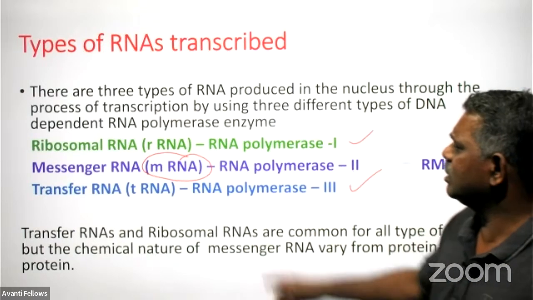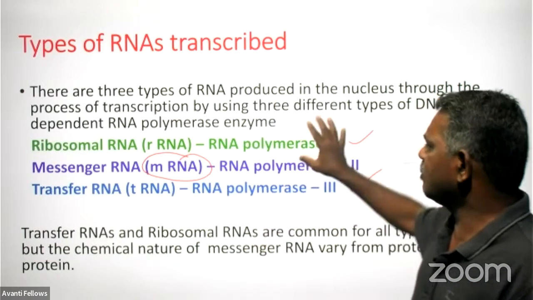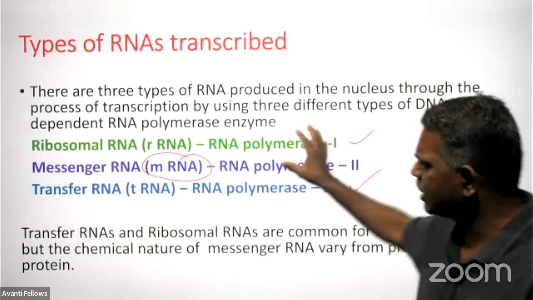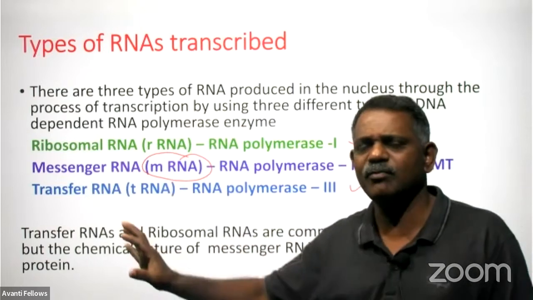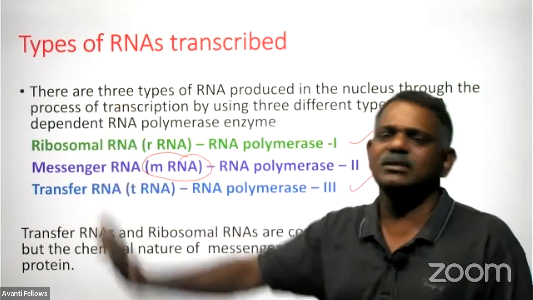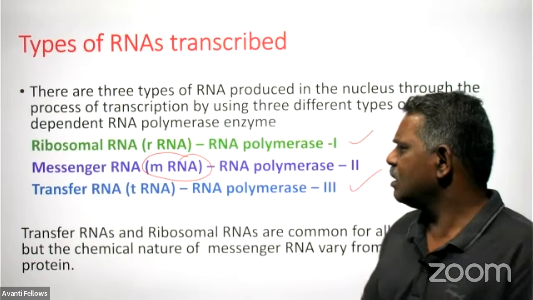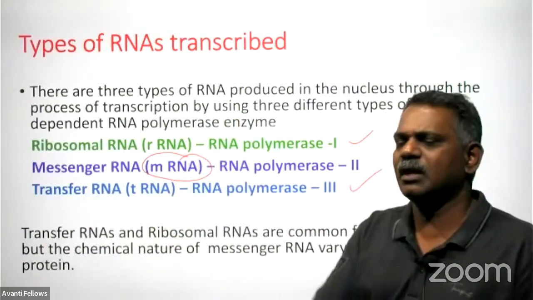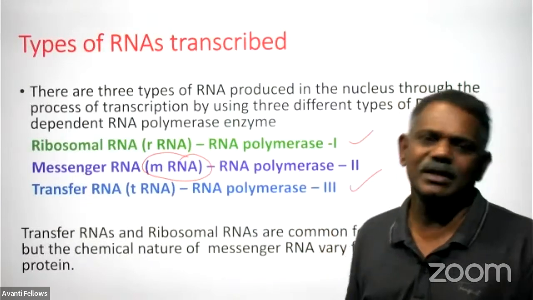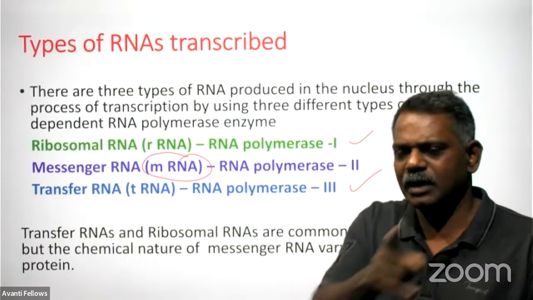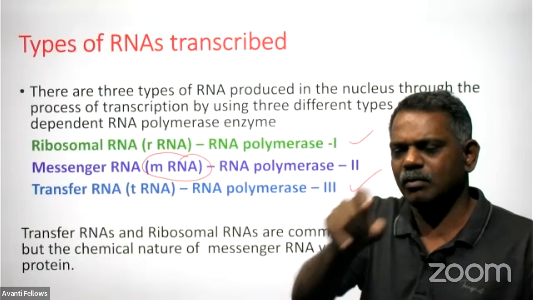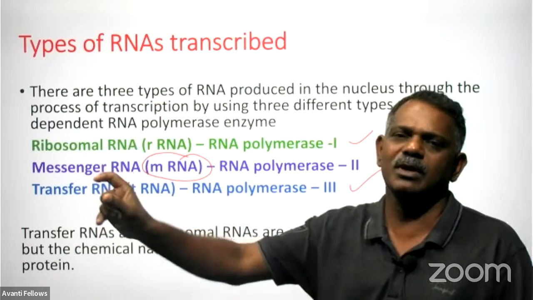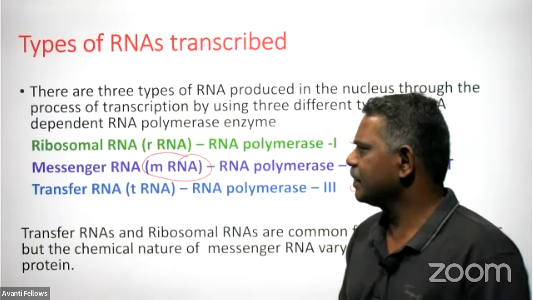It is determined by the mRNA only, not by the rRNA or the tRNA. These tRNA and rRNAs are common for all types of protein synthesis in the cell cytoplasm. But this mRNA is very specific, and that determines the nature of the protein synthesized, the total number of amino acids present in the protein, or the length of the protein synthesized in the cell. Right?